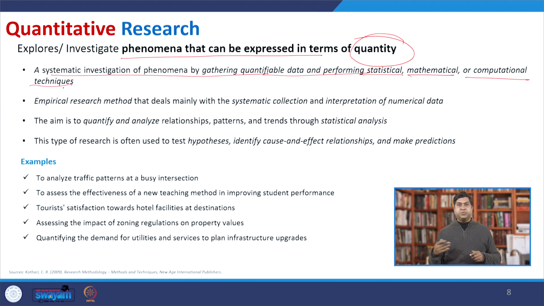In this case, we need certain statistical tools, software, and mathematical modeling to find a particular result. Empirical research method is where we deal with data and numbers, mainly the systematic collection of data and interpretation of numerical data.